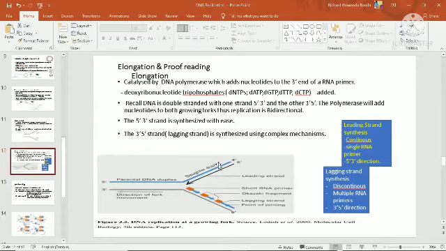So in the elongation, you've already formed that RNA primer, and then the DNA polymerase has now come in. If you recall, due to the complementary base pairing, you have one strand which will be running 3' to 5', and then you have 5' to 3'.